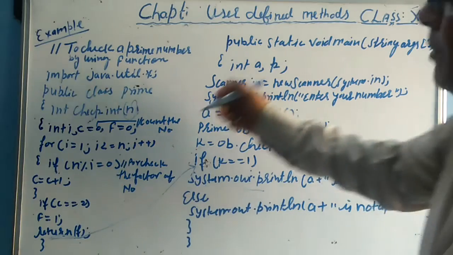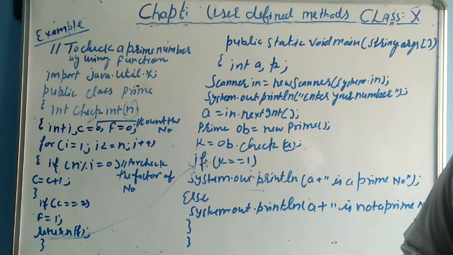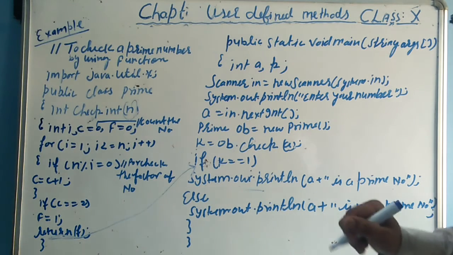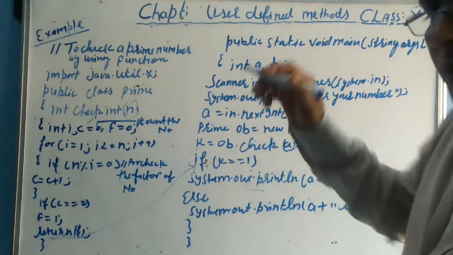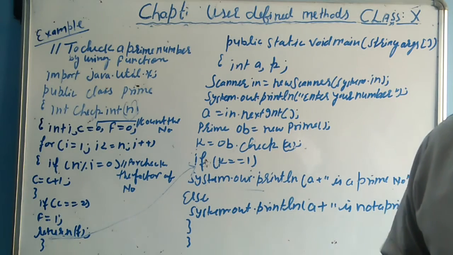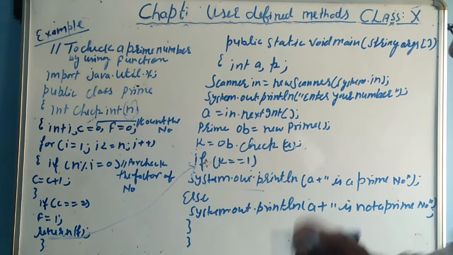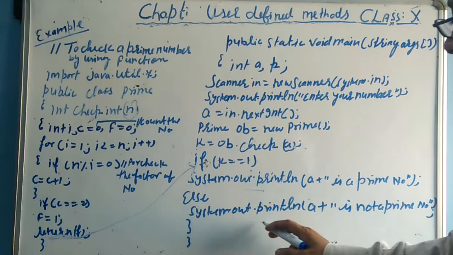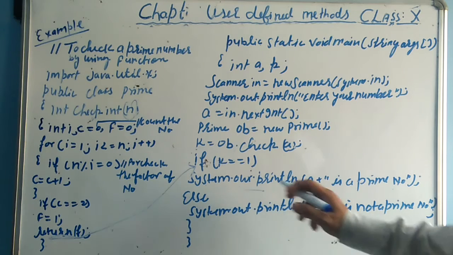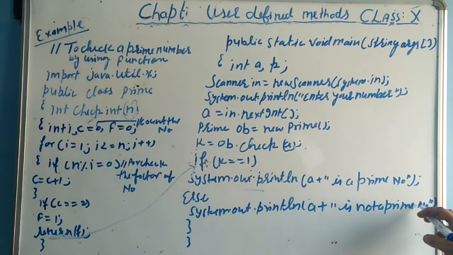Here a means whichever number you give. And if the factors are more than 1 and 2, then it will print the value of a is not a prime number.